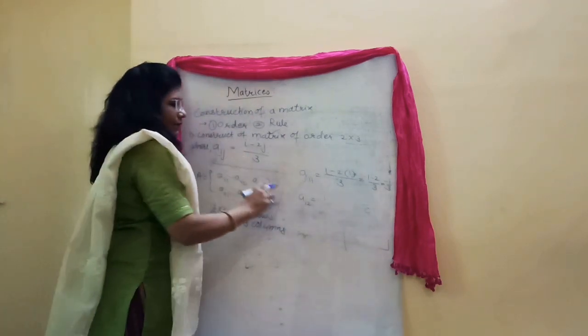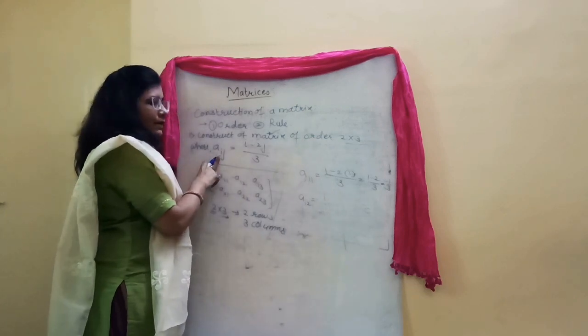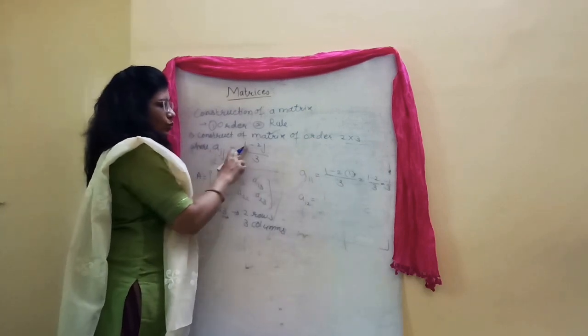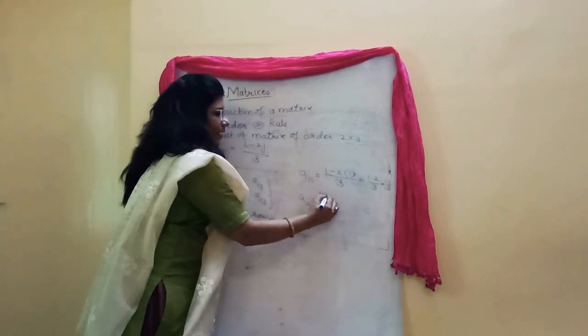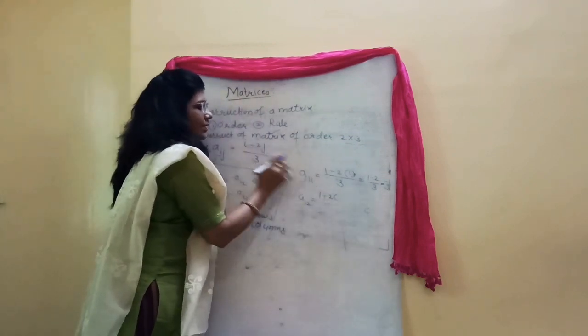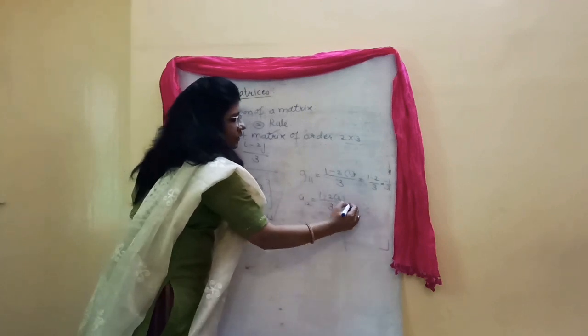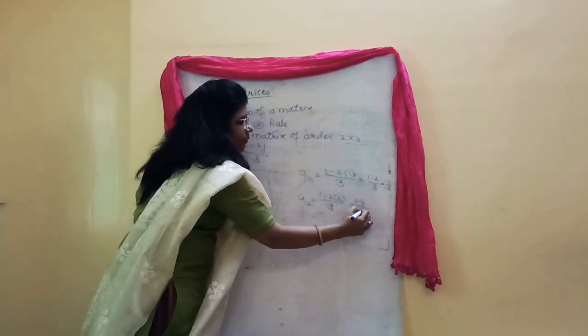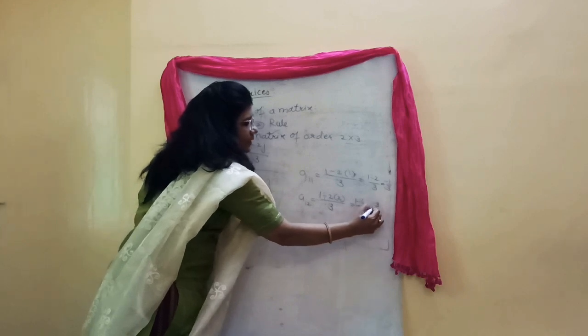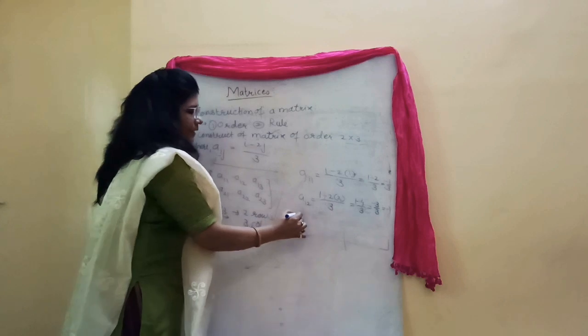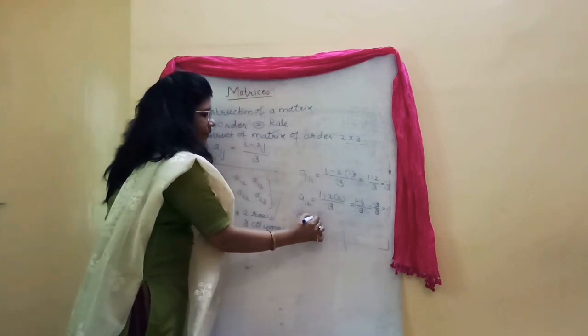Then a12. Here you have to compare again: i is 1, j is 2. So i is 1, 1 minus 2 into j, which is 2, upon 3. So it is (1 minus 4) upon 3, that is minus 3 upon 3, which simplifies to minus 1. Then a13.